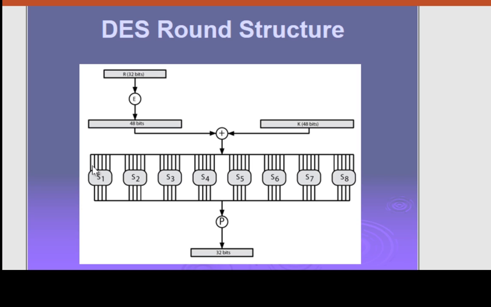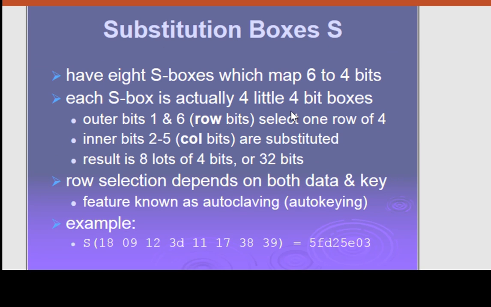In each block, you see 6 inputs, and each block generates 4 outputs. So 2 inputs will be cancelled. After doing some substitution, you get only 4 outputs for each block. So 4 into 8 is equal to 32 bits. This is how the substitution box works.